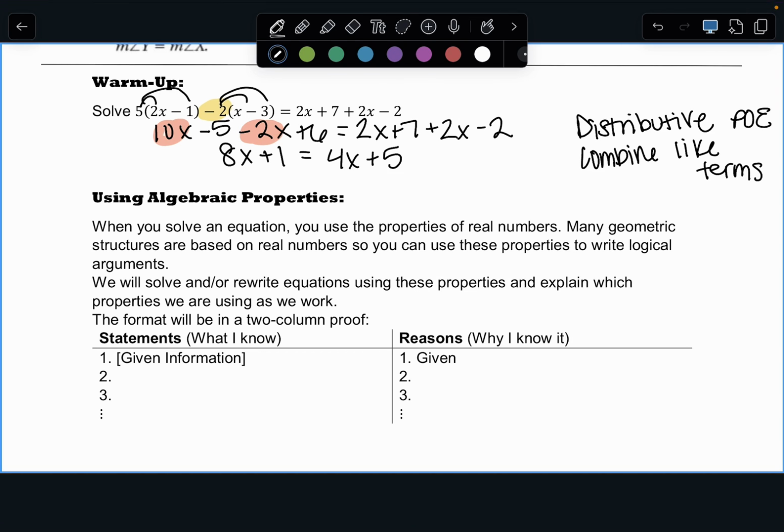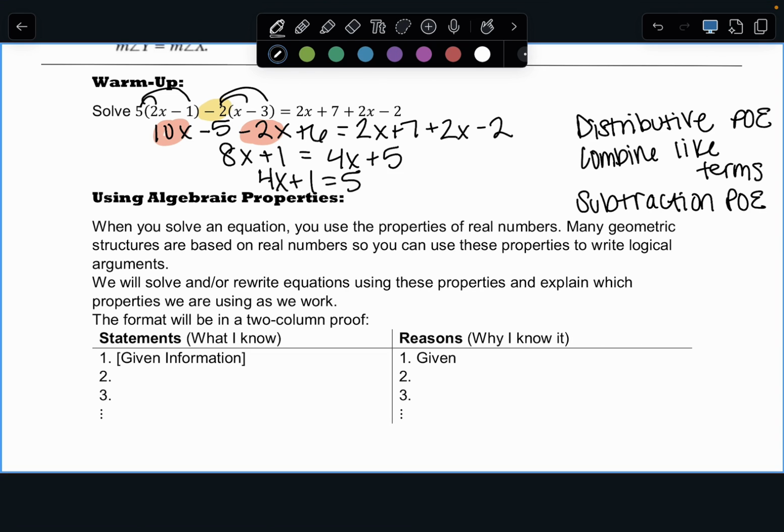Now what? Subtract 4x from both sides. What's 8x minus 4x? 4x. So you get 4x plus 1 is equal to 5. And Cece used the word subtract. What property should I put on the right-hand side? Subtraction POE. If I moved the x's to the left, let's move this 1 to the right.